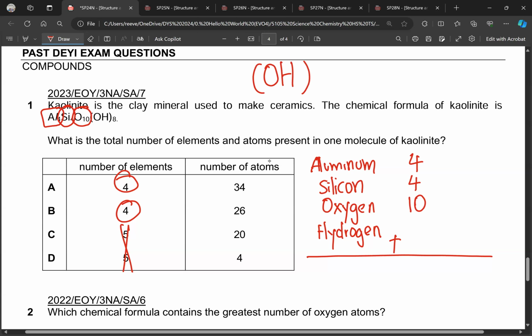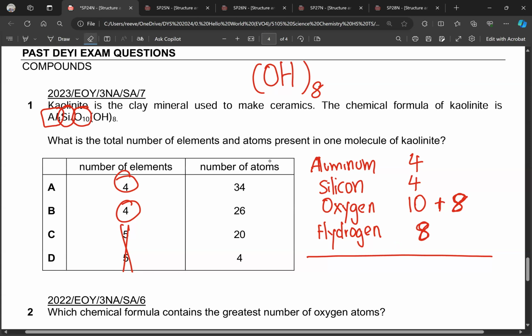Then the bracket is going to be multiplied by 8. So what does that mean? That means we have another 8 oxygen, and I have also 8 hydrogen. Because 1 hydrogen times 8 outside becomes 8 hydrogen.